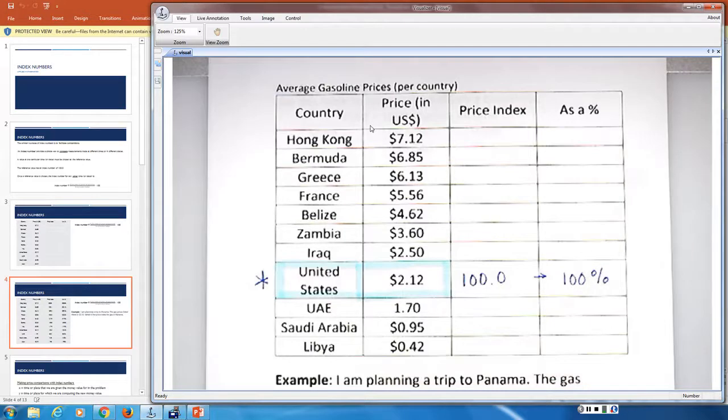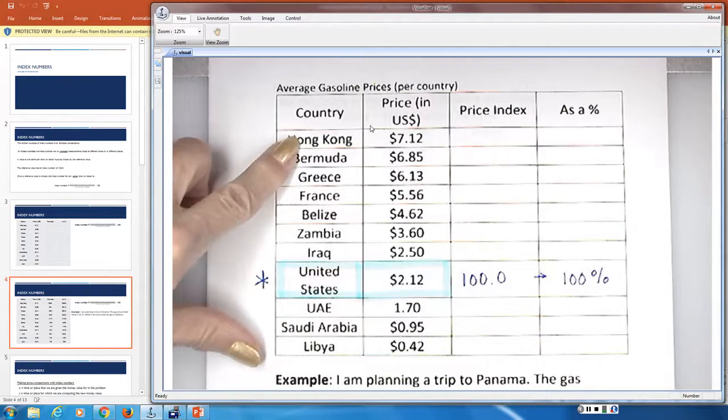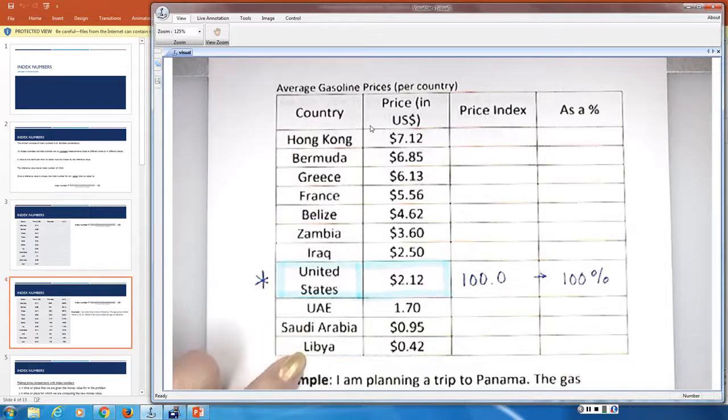Most index tables don't have the percentages on them, but we're the 100% mark. The people that charge more than we do are going to be higher than 100%, and the people that charge less than we do are going to be lower than 100%. So the first country I want to look at is Hong Kong.